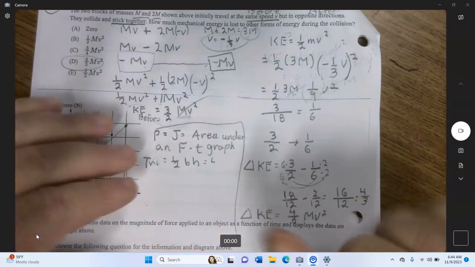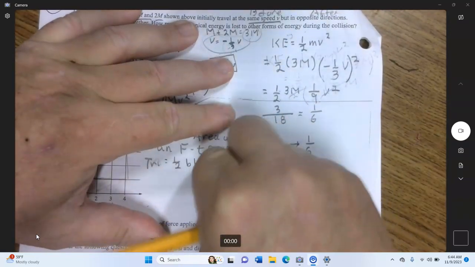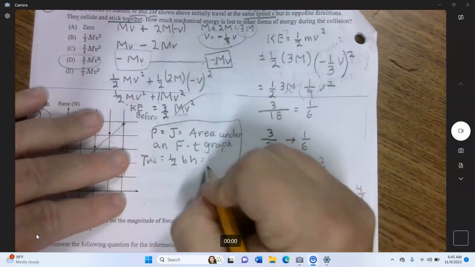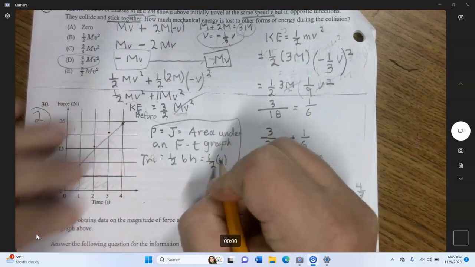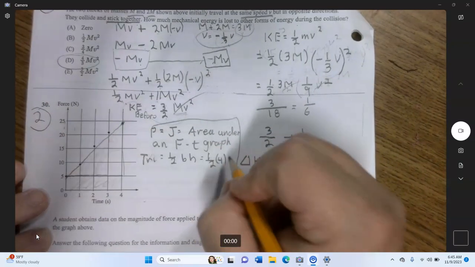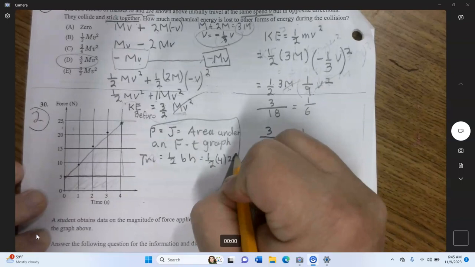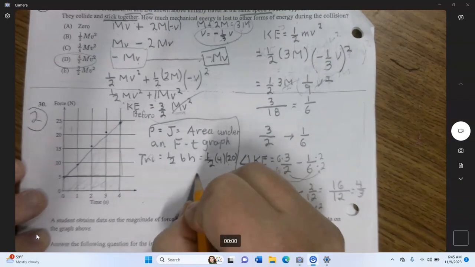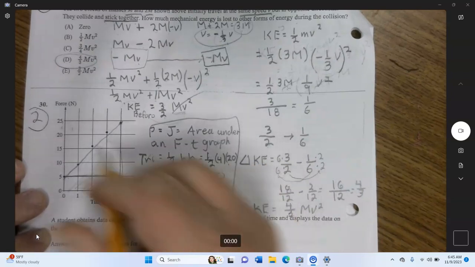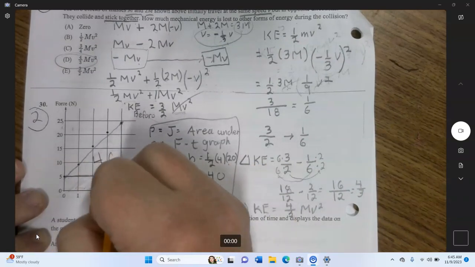And let me write the 1/2 first. 1/2 times 4 times height from 5 to 25 is 20. So 4 times 20 is 80, and half of that equals 40. So this area in here is 40.